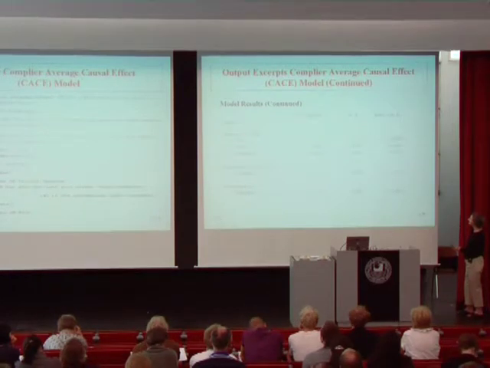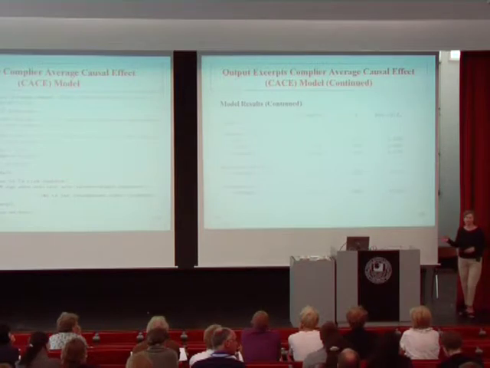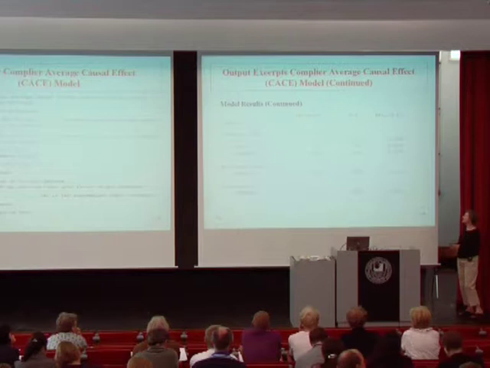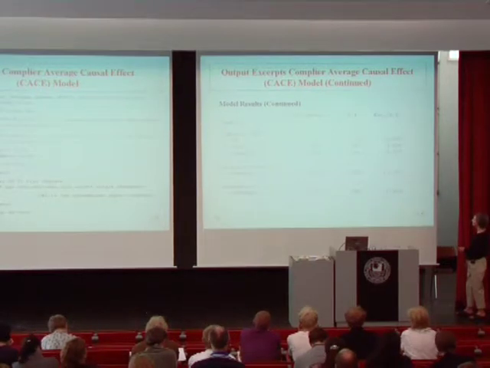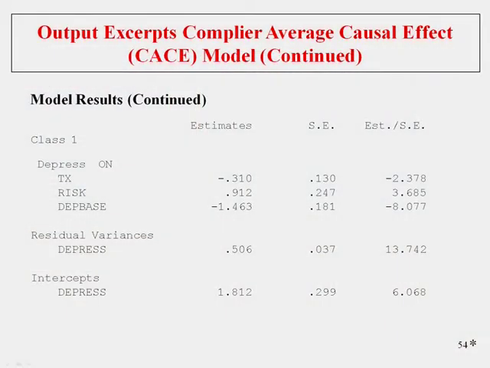So what are we interested in? The important thing here is depression on treatment. This is the class of compliers. So these are compliers only, and that depression on treatment represents the effect we're interested in. We see it's significant, it's negative, so the treatment is effective in that it reduces the depression score of that continuous variable, which is what we want. We want people to be less depressed after they receive treatment.